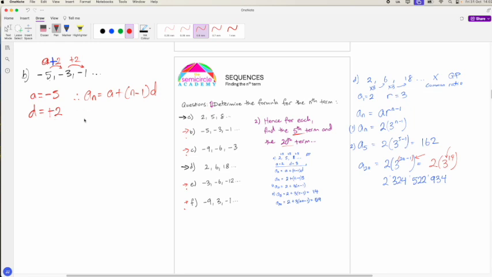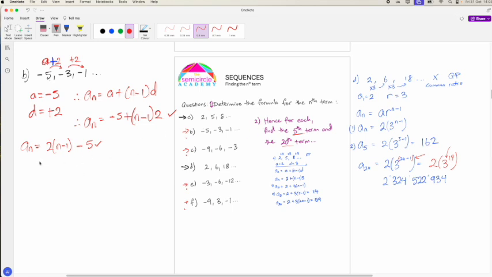Now we put in our A and our D, so therefore A subscript N is negative 5 plus (N minus 1) times 2, which we could write like this: 2 into N minus 1, and then I have minus 5 after that. So, this is correct too, but this is just having good manners, yeah?